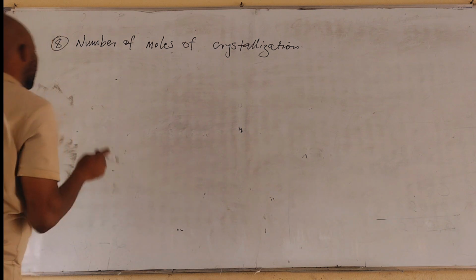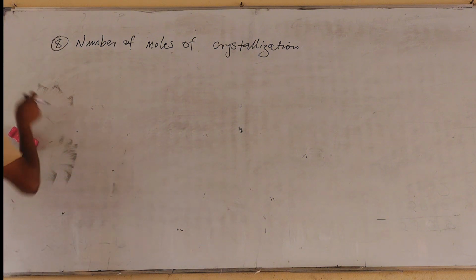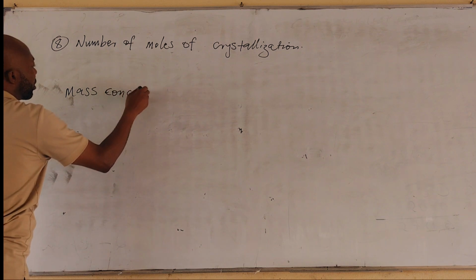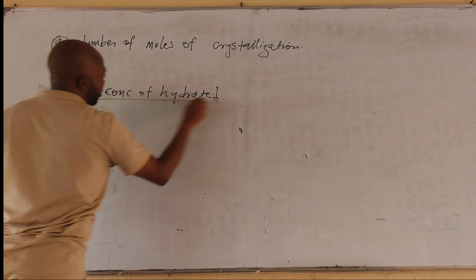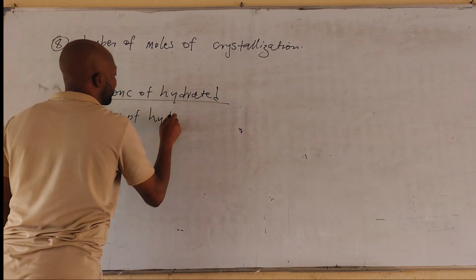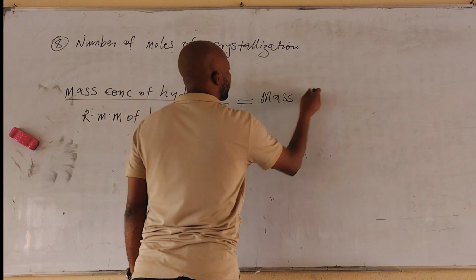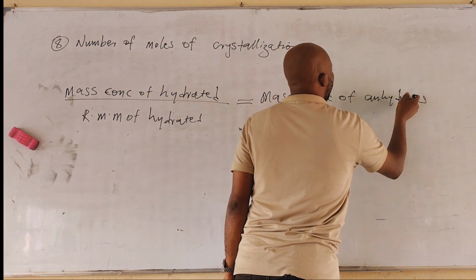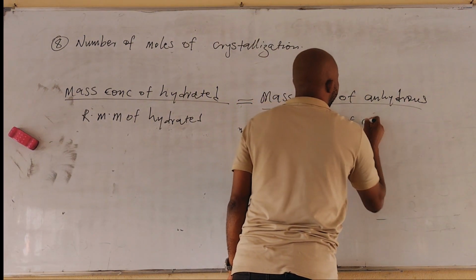For us to be able to get the number of moles of water of crystallization, we say the mass concentration of the hydrated salt or hydrated substance over the relative molecular mass of the hydrated salt is equal to the mass concentration of anhydrous over relative molecular mass of the anhydrous.